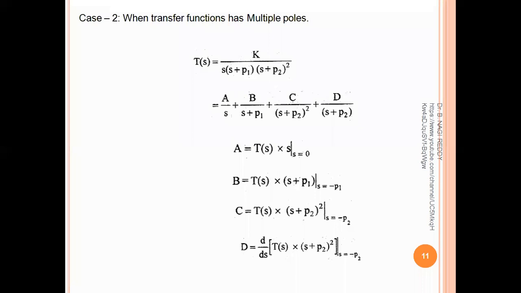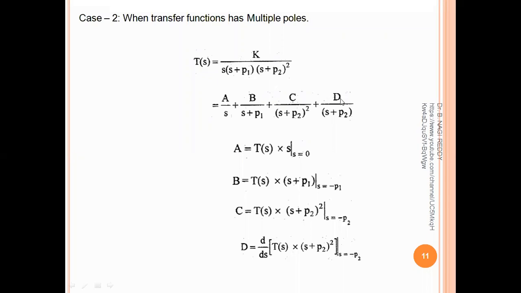To calculate C, we multiply the transfer function by s plus p2 whole square, as we have done with A and B. The pole is minus p2, so substitute s as minus p2 in this term to obtain the C value.